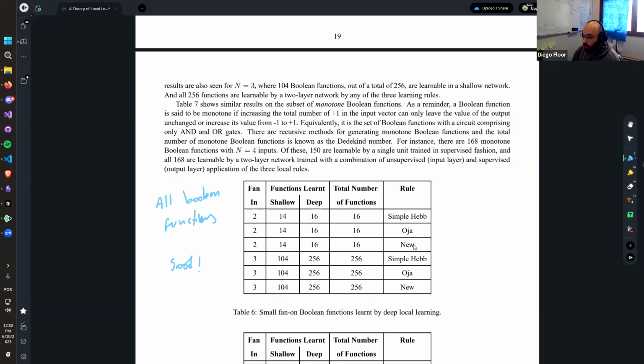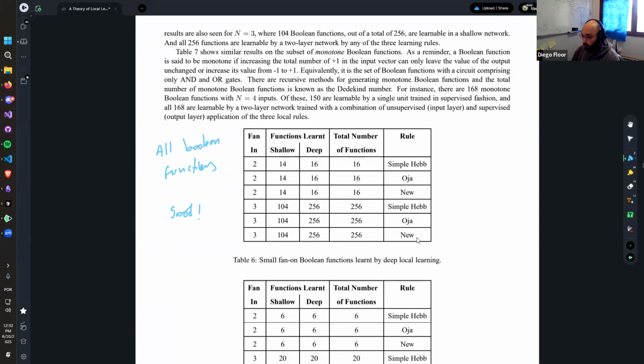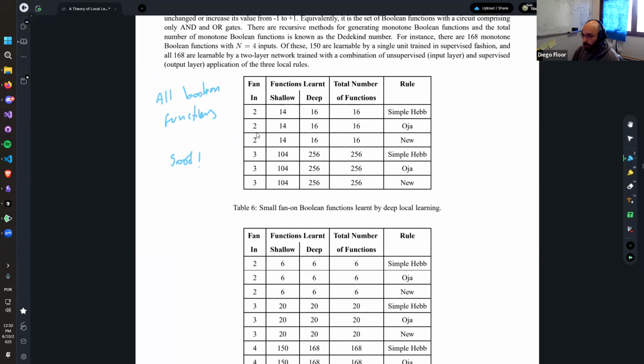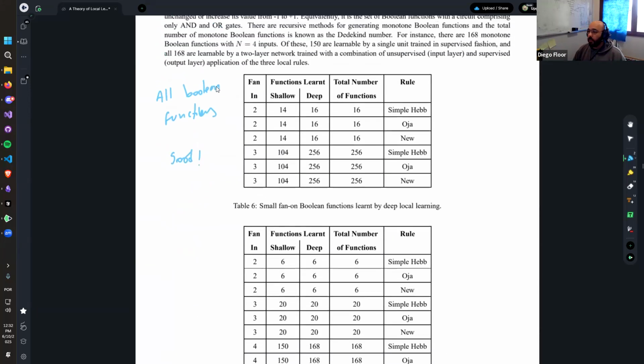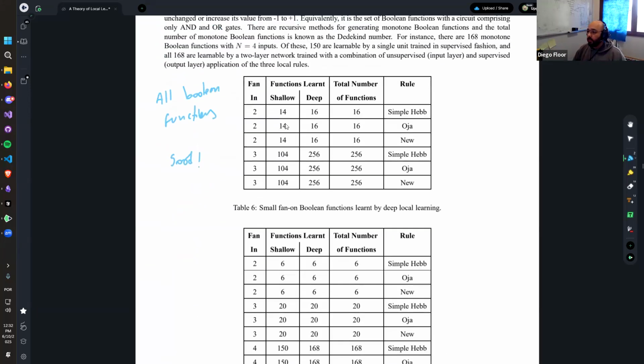So that's good. The fan-in is just the number of inputs to each node, right? This is new terminology for me, but apparently it's very common for this type of stuff. Anyway, this is the promising aspect of it, that hey, it does work. Local rules, they learn simple Boolean functions.